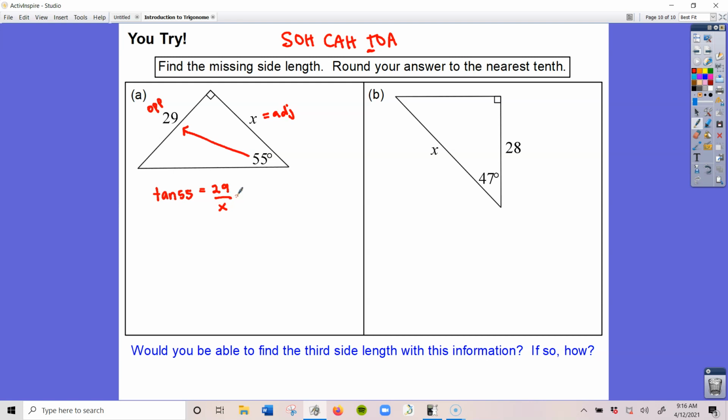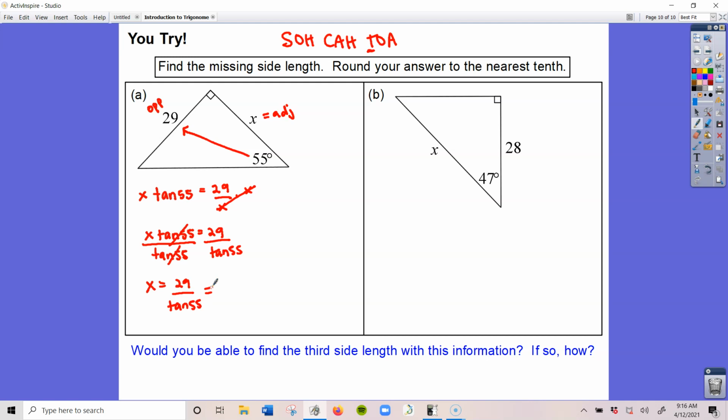So for this one, I would have to multiply x to both sides, and I get x tangent of 55 is equal to 29. Then I would have to divide the tangent of 55 over to the other side. This means that x is equal to 29 divided by the tangent of 55.